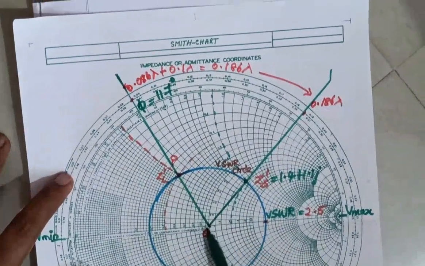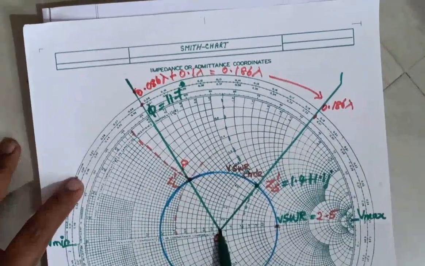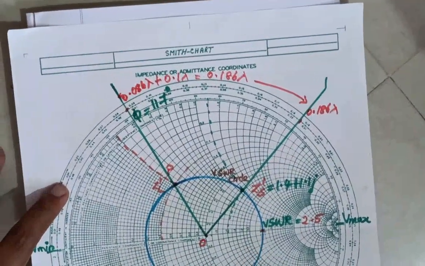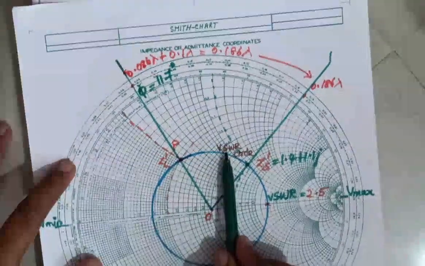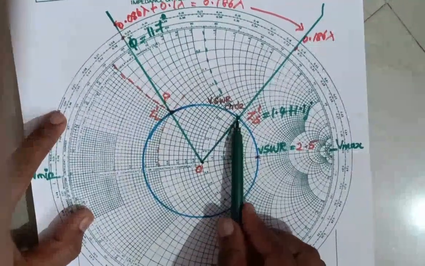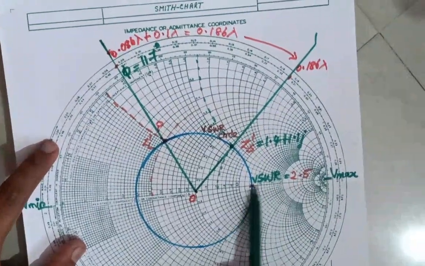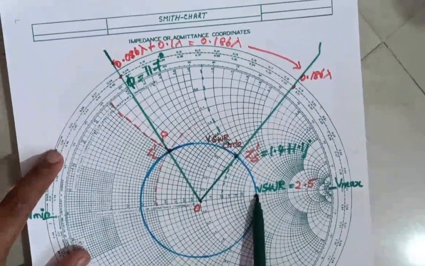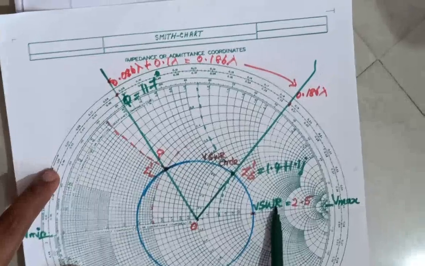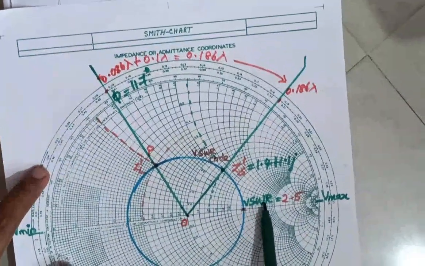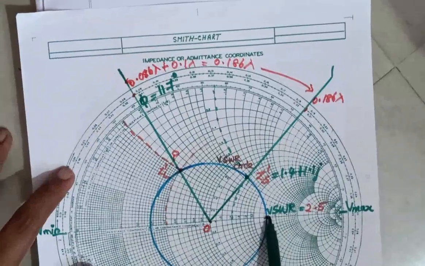Then take the center point and the load impedance value as the radius and draw the circle. That circle is called the VSWR circle. It intersects the right hand side of the R equals 0 line, and that point gives the voltage standing wave ratio as 2.5.